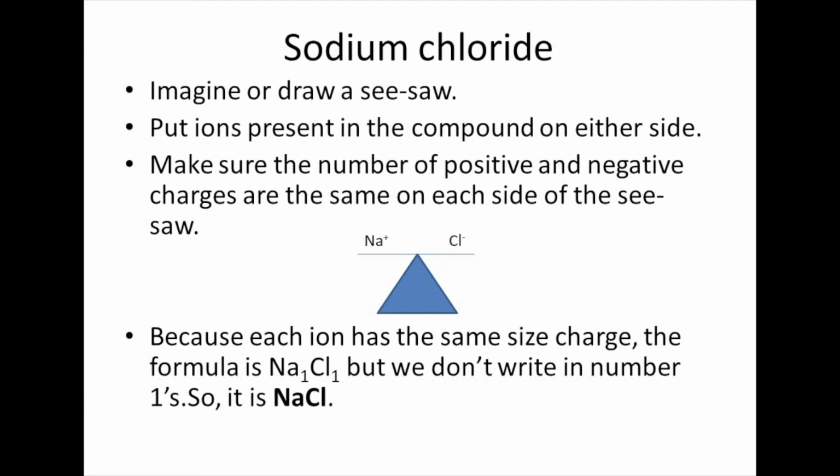Because each ion has the same size charge, so I've got 1 plus, 1 minus, the formula will be Na1, Cl1, and we always write the numbers subscript, which means at the bottom. But because we don't write in number ones, we can get rid of those, and it's NaCl. So that would be your formula for sodium chloride.